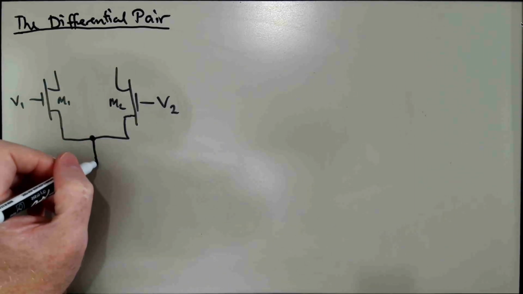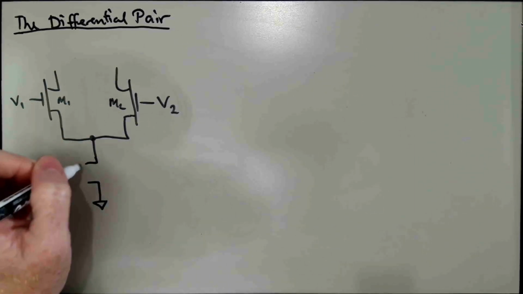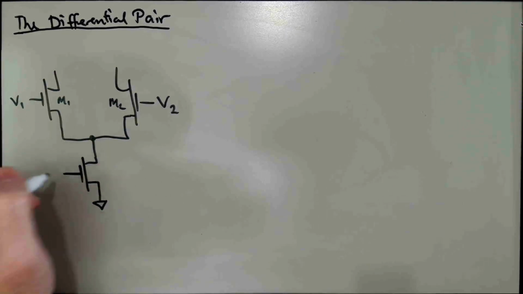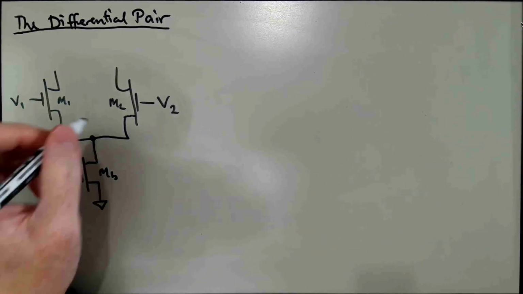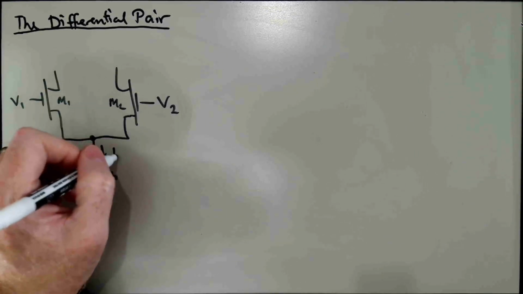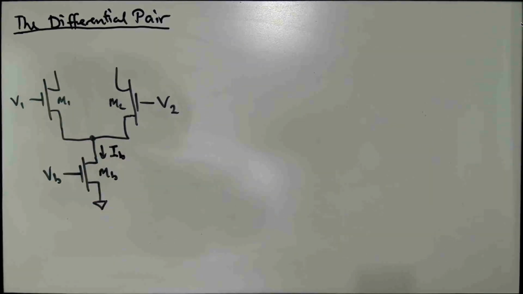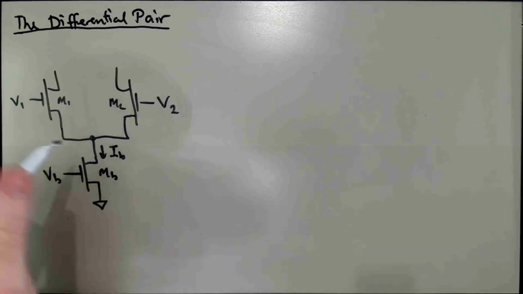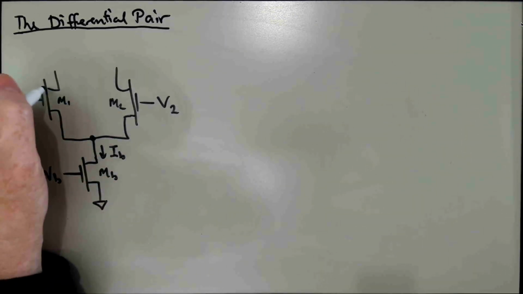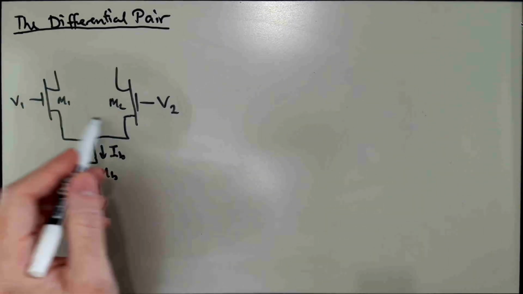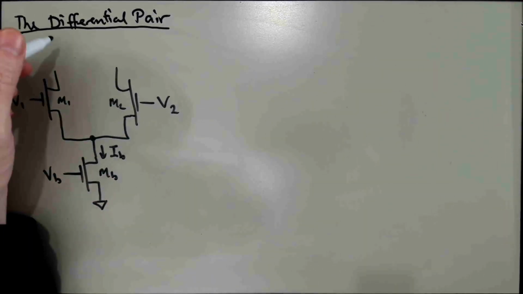And there is a bias transistor down here, just like we had in the source follower, which we will call MB, whose job in life is to set up a constant current, IB, that will flow in these two transistors in some way. It'll get split up between these two transistors and it will flow in some way.